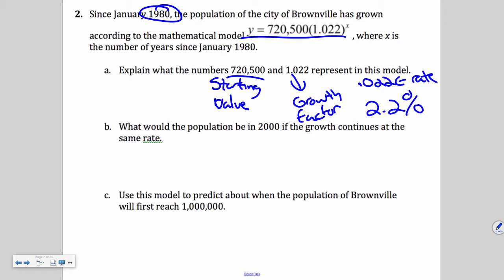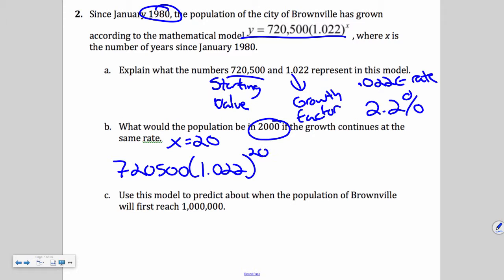And part B says 2000. So my X is going to be 20. So all I do is plug this in. And I can plug it into a calculator and solve.